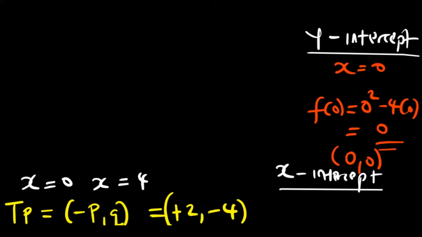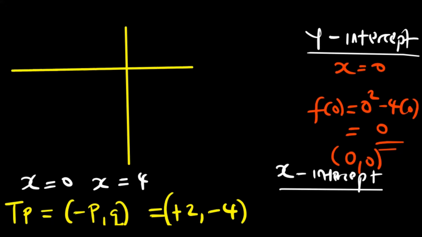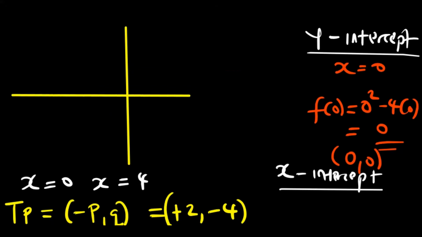Okay, now that we found this, we've got everything that we need to graph our function. So let's say this is our graph. To put our numbers, we've said the turning point is at 2 comma negative 4.